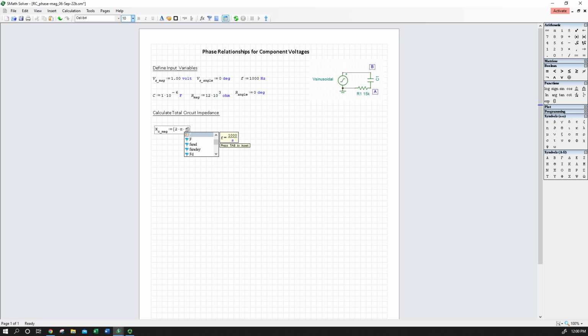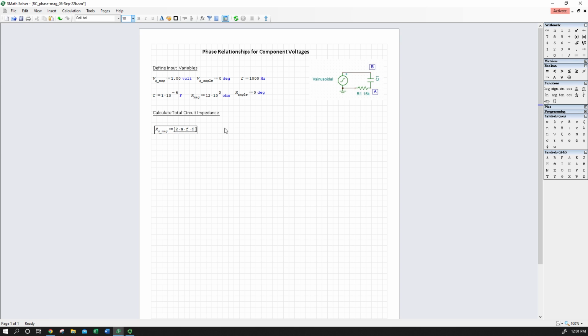F, in this case, is my frequency, and I don't necessarily want a unit. I want what I defined. And since I didn't pick the unit, I just picked the letter F. And then I'm going to want to multiply, of course, by my capacitance C. And I don't want the unit there.